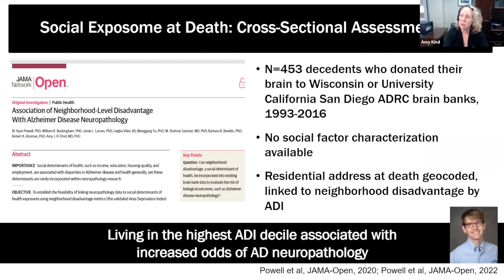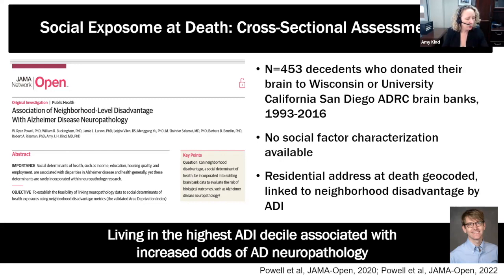And so we worked with the University of Wisconsin and University of California, San Diego brain banks to understand more about the brain donors that had offered their brains to science with the hope to find a cure, often for neurodegenerative diseases one day, and looked at those individuals and realized very quickly there was no social factor characterization available.